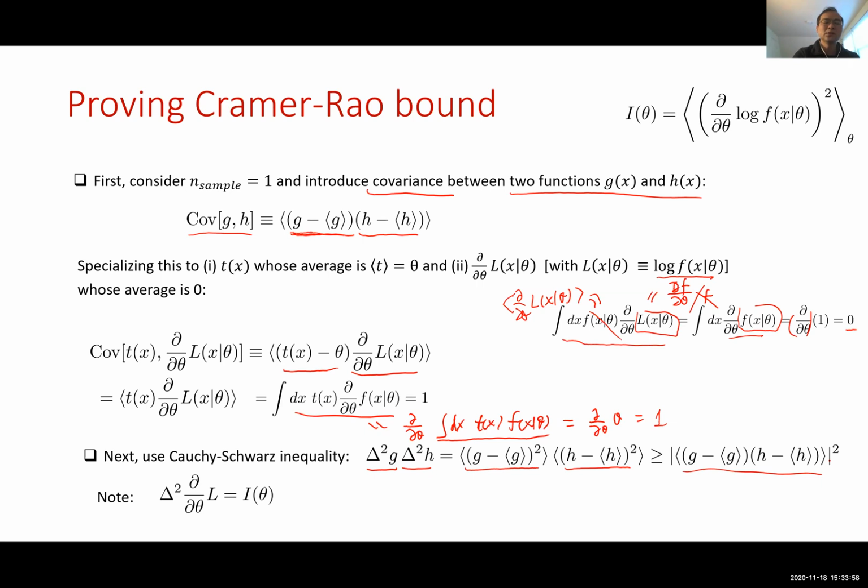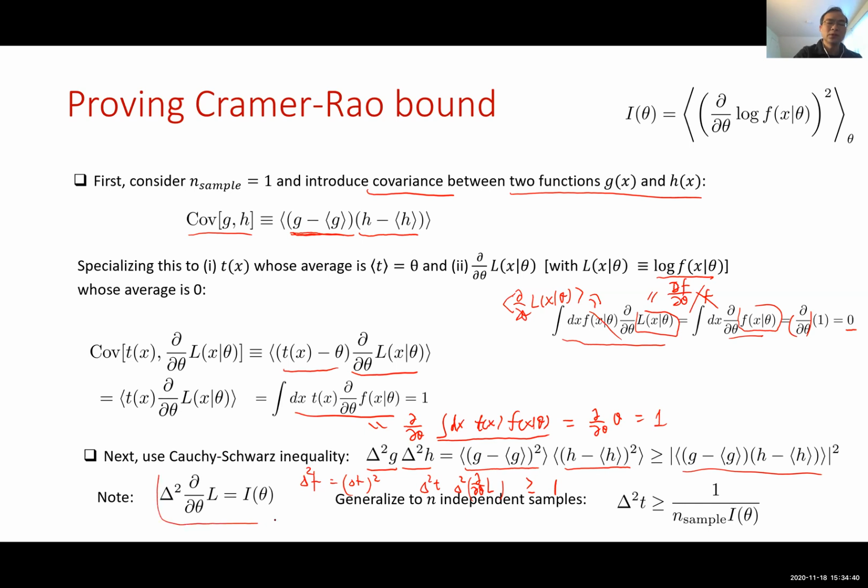So that means we can write delta t squared, which is just a shorthand notation of that, delta t squared times delta L squared is greater than the covariance squared. That's 1, because we derived the lower bound is 1.